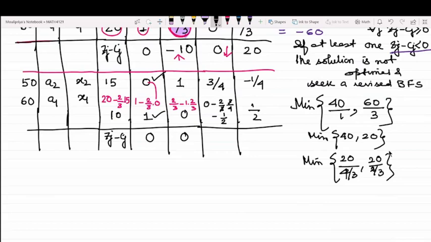Z3 minus C3: 50 into 3/4 plus 60 into minus half, minus 0. How much is it? Quick, I'm waiting for your answer.